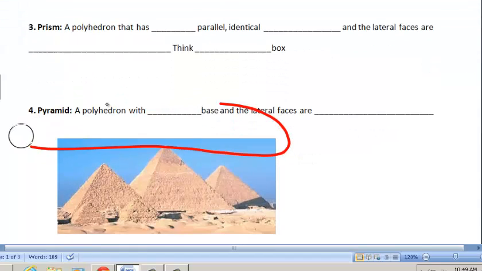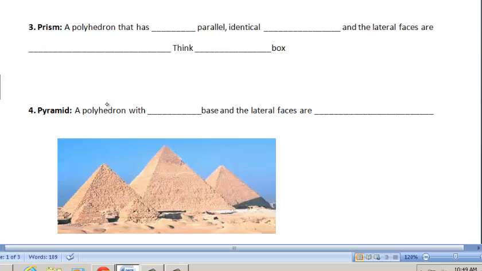A prism. A prism is a polyhedron. Poly means many. So it's a many-sided figure. That's all a polyhedron means. It has 2 parallel, identical bases. Now we call them bases. This is important because that's how we name what type of a prism it is or what type of a pyramid it is.